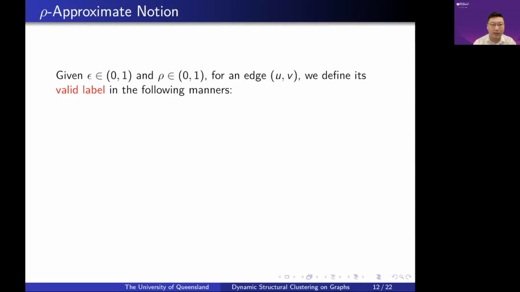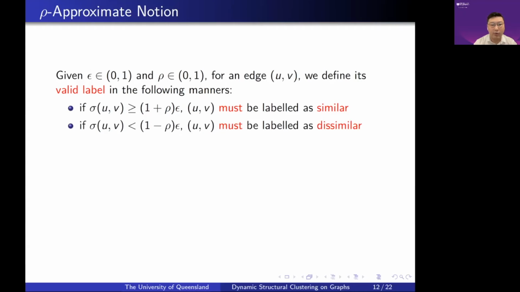Given parameters epsilon and rho, for an edge UV, we define its valid label with respect to the rho-approximate notion in the following manner. If sigma UV is no smaller than (1 plus rho) times epsilon, it means that sigma UV is far larger than epsilon, and UV must be labeled as similar.